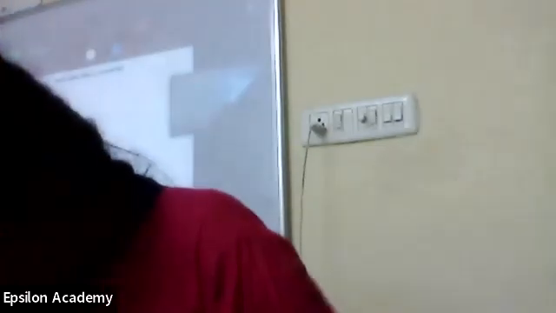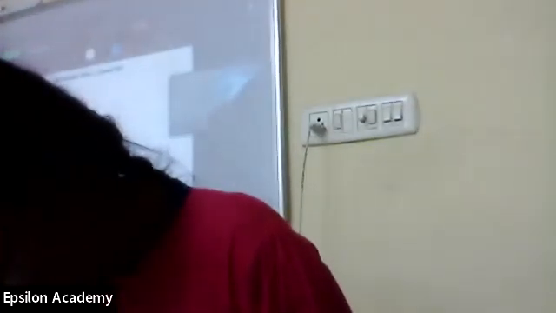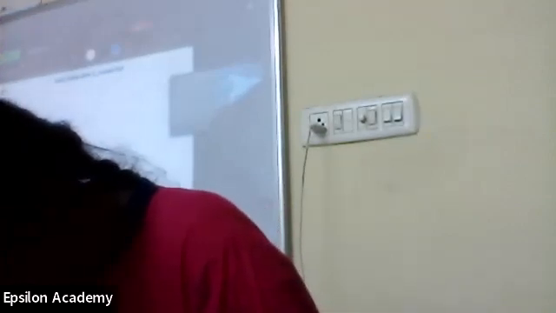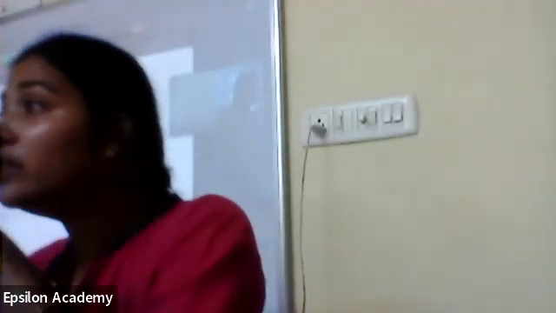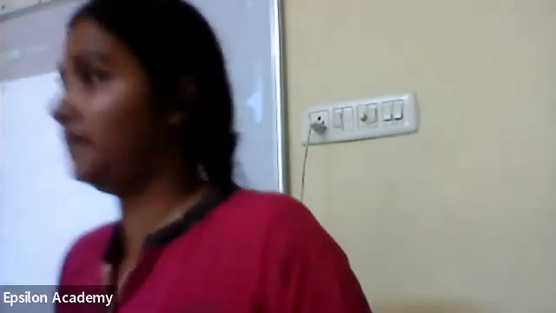I have marked the Na plus in all the 12 edges: 1, 2, 3, 4, 5, 6, 7, 8, 9, 10, 11, 12. Now, one Na plus will occupy the body center as a void.